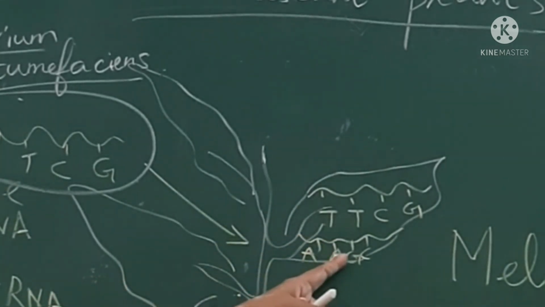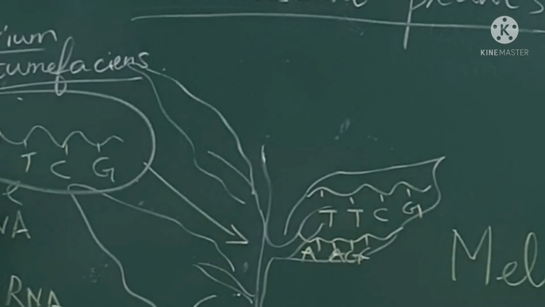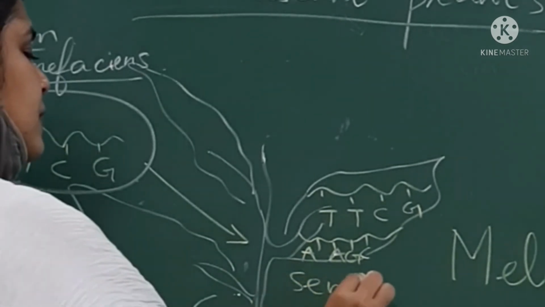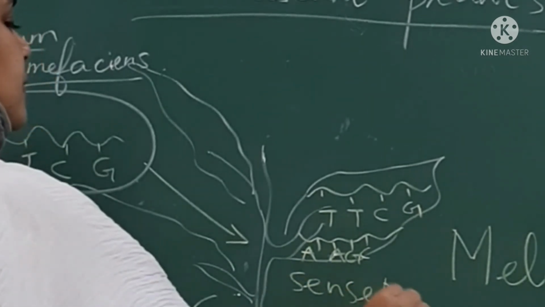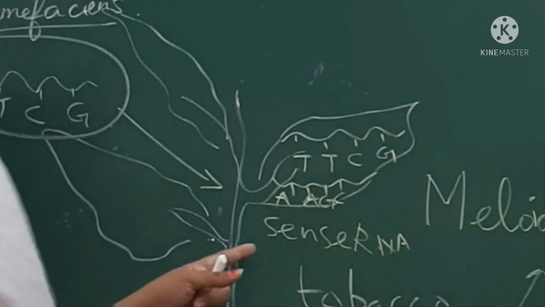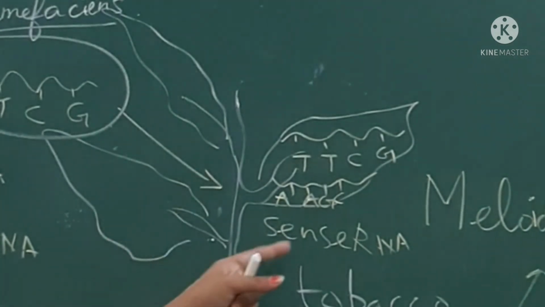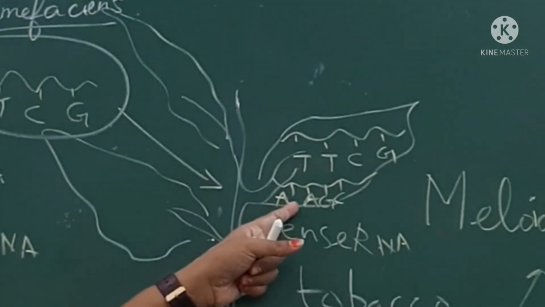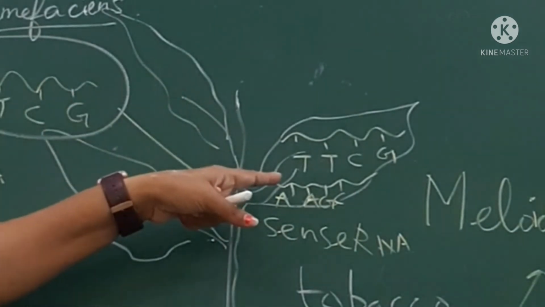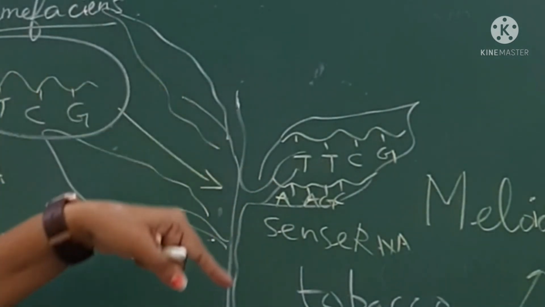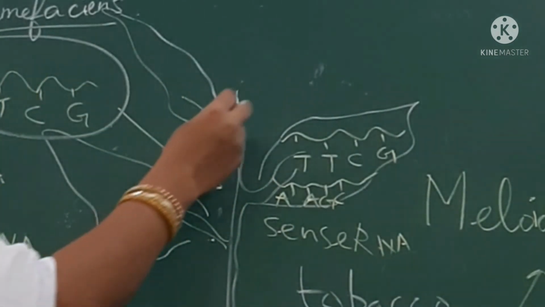One is Meloidogyne incognita's RNA, that is called sense RNA. That RNA is there because the Meloidogyne worm bit it. It infected it. That's why that RNA came into the plants, which is called sense RNA. What did we introduce? We introduced a complementary RNA, which is called antisense RNA.